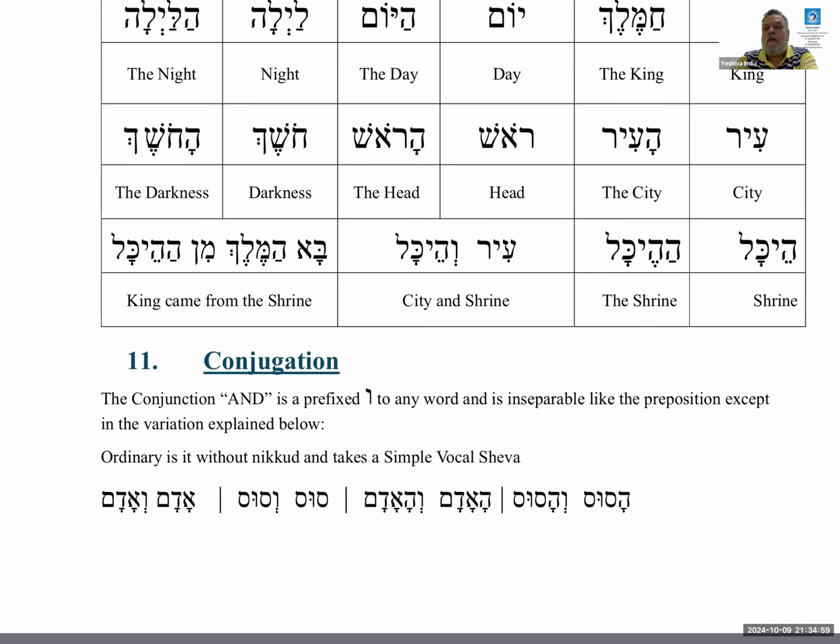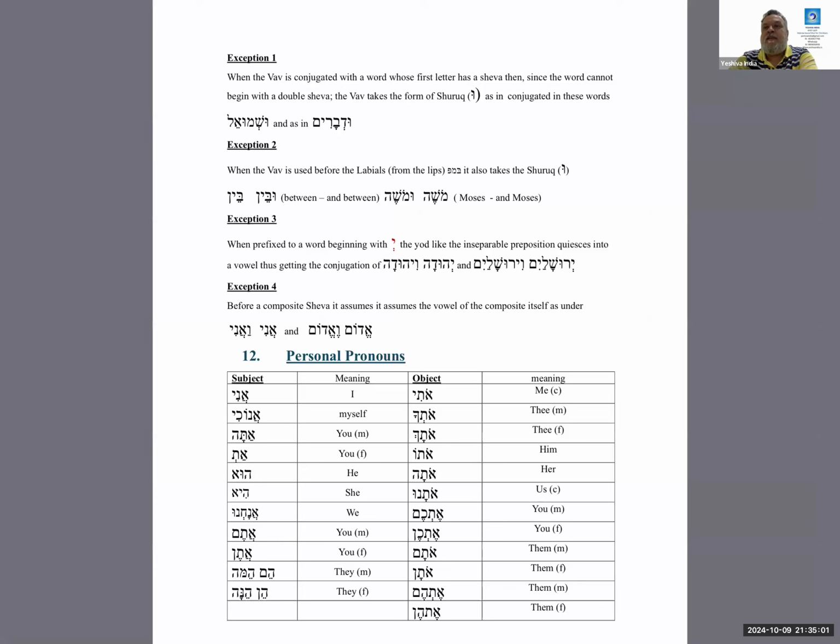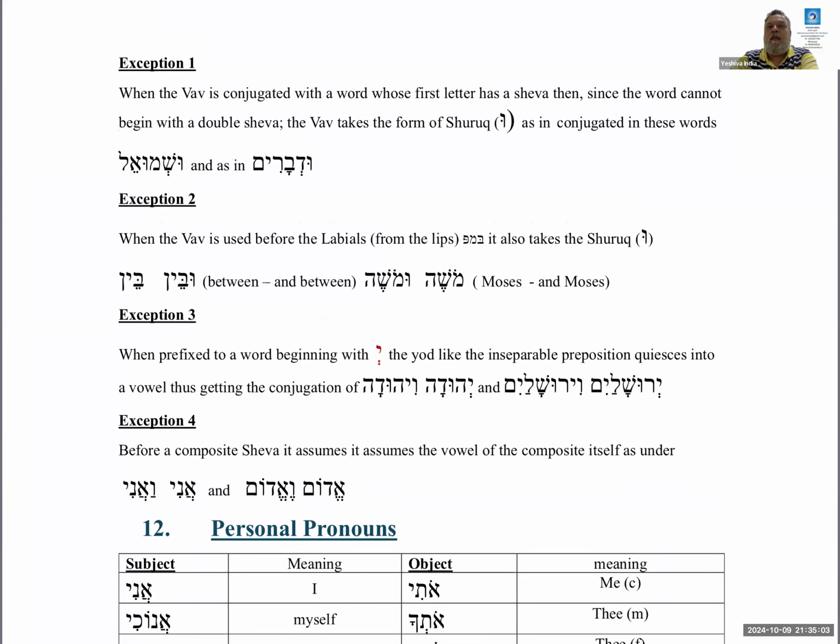This is ordinarily. The first exception: when the vav is conjugated with a word whose first letter has a shva, since the word cannot begin with a double shva, the vav takes the form of a shuruk.